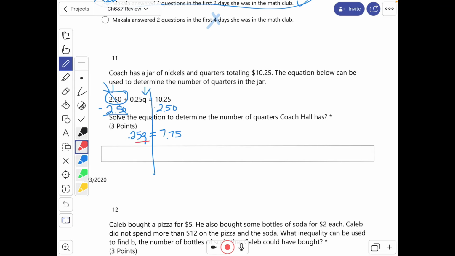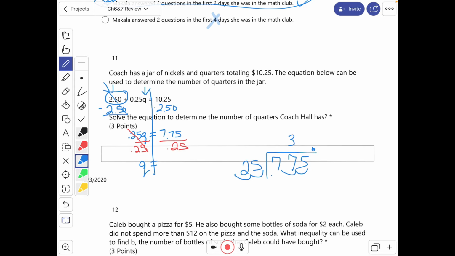So the opposite of multiplying by 25 cents is dividing by 25 cents. And we do it on both sides. On the left side, it'll cancel, and Q will be by itself. Equal sign straight down. And then 7.75 divided by 0.25. Got to move the decimal over.